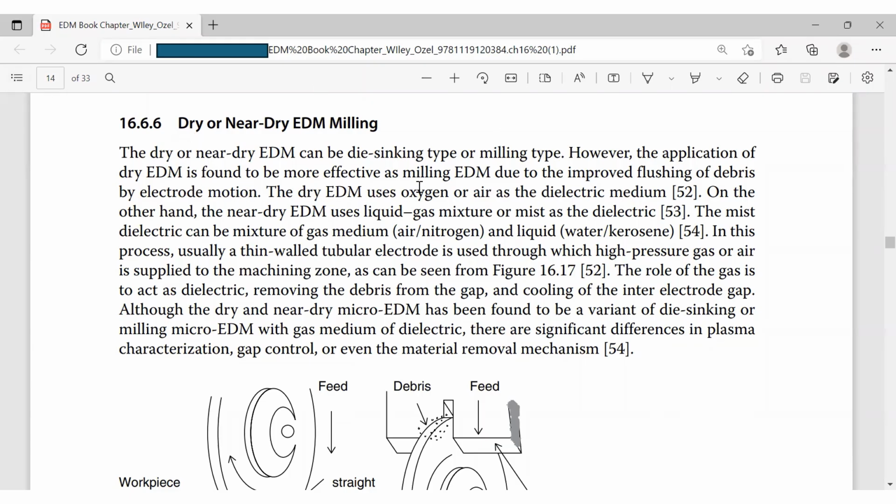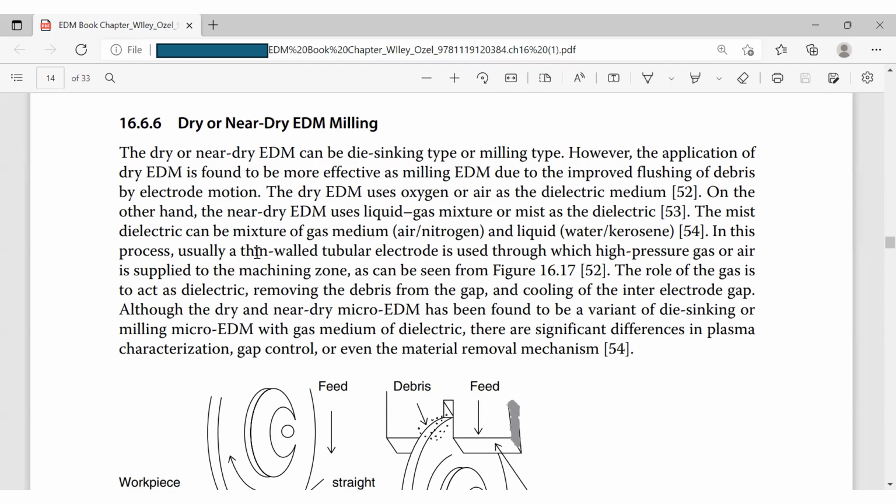So the dry EDM uses oxygen or air as the dielectric medium. On the other hand, the near dry EDM uses a liquid gas mixture or mist as the dielectric. The mist dielectric can be a mixture of a gas medium, for example air or nitrogen, and liquid such as water or kerosene.